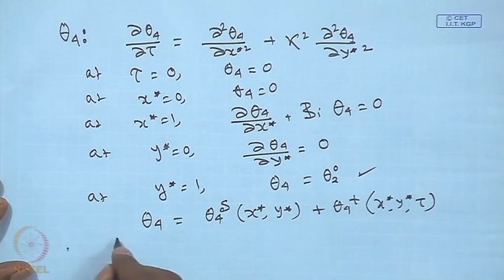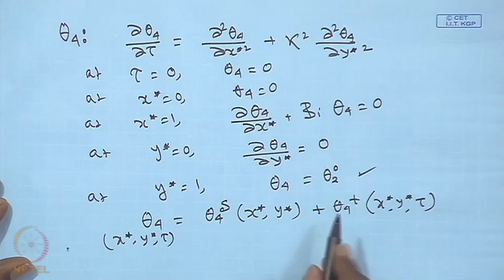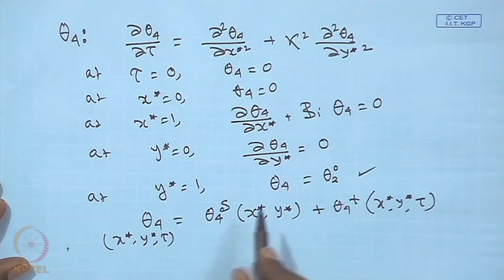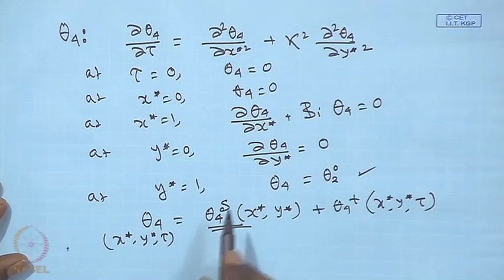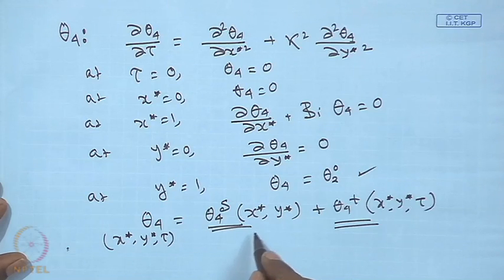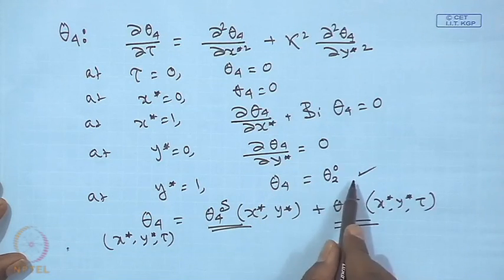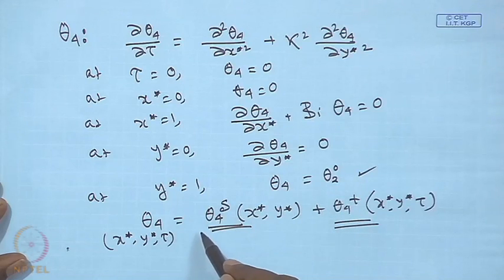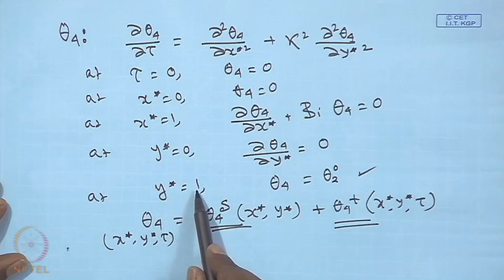Now, like the earlier problem, we formulate separately the governing equation of the steady state part and the governing equation of the transient part, and we associate the non-homogeneous term with the steady state solution, forcing the transient part to have a homogeneous boundary condition at y star is equal to 1.